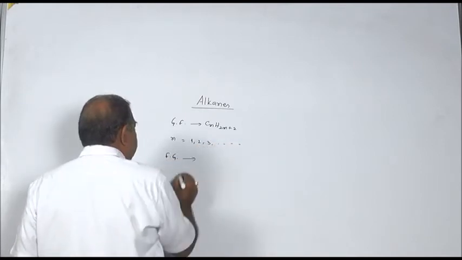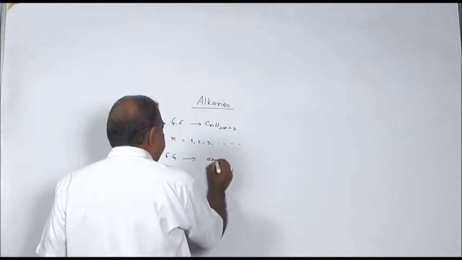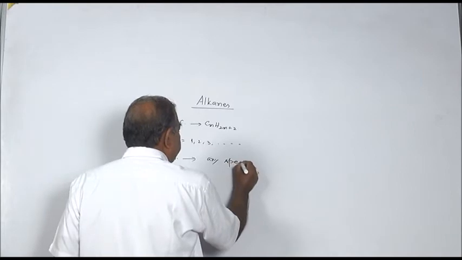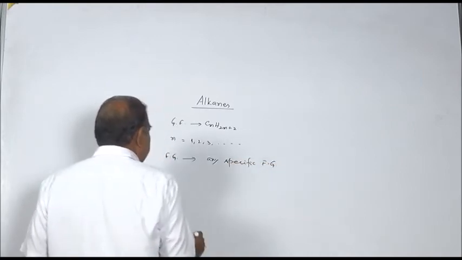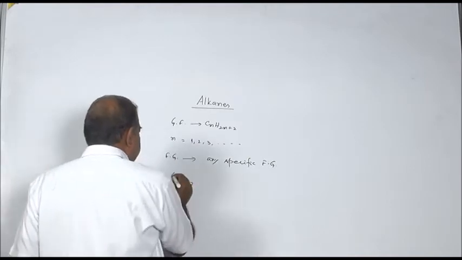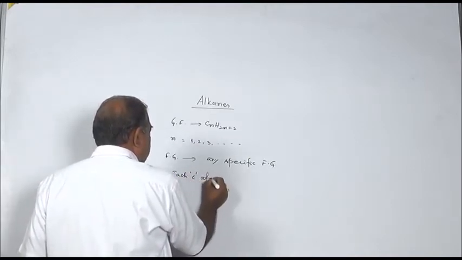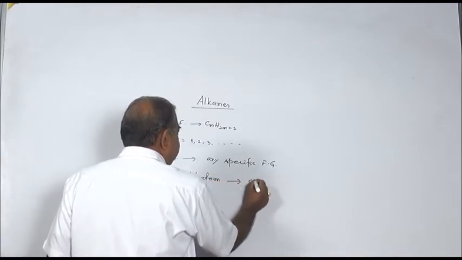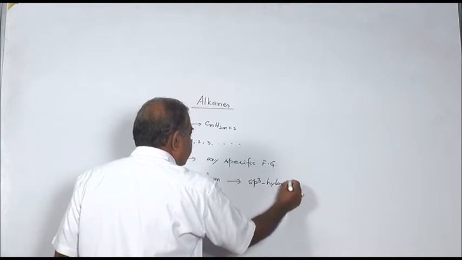So far as functional group is concerned, alkanes do not possess any specific functional group. Here each carbon atom undergoes sp3 hybridization.